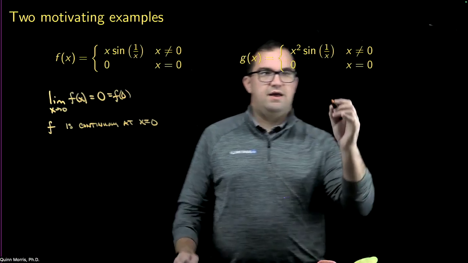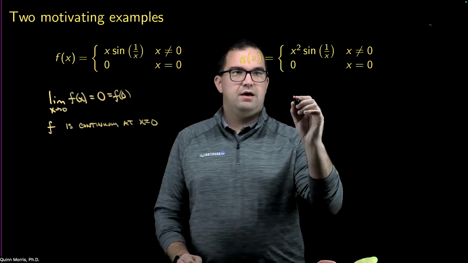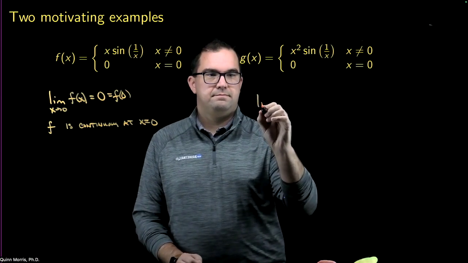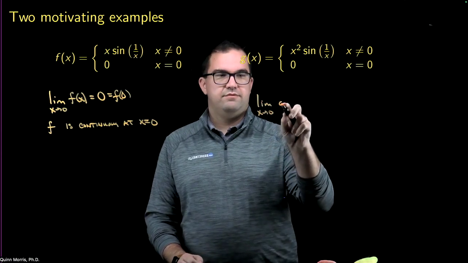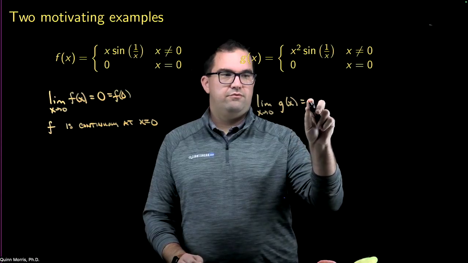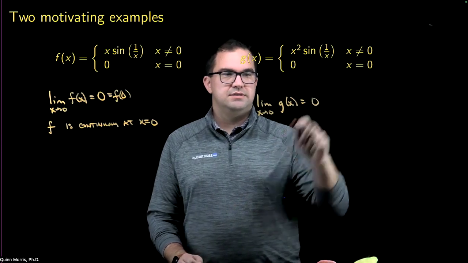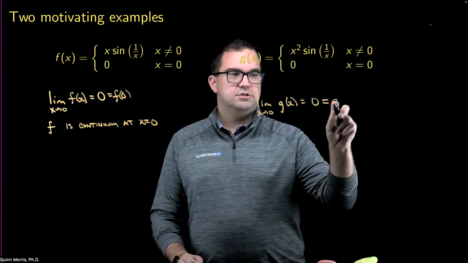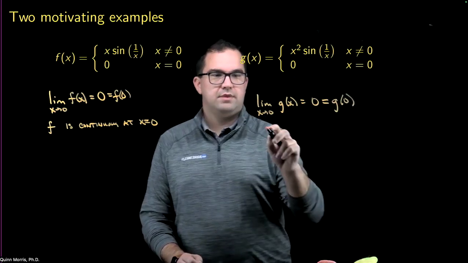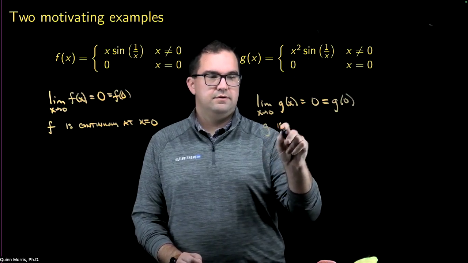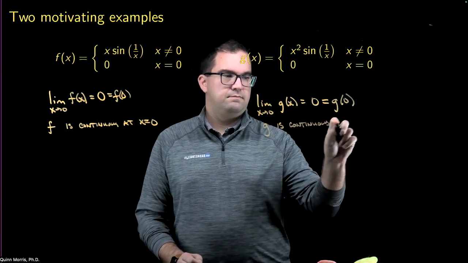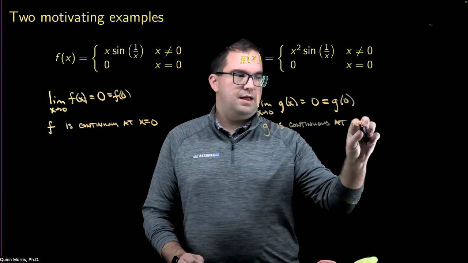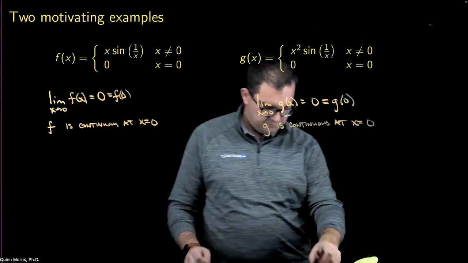Similarly, over here for g of x, we have that the limit as x approaches 0 of g of x will, for identical reasons, be 0, which is equal to g of 0. And so again, g is continuous at x equal to 0.